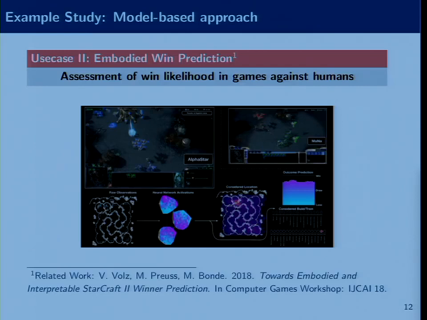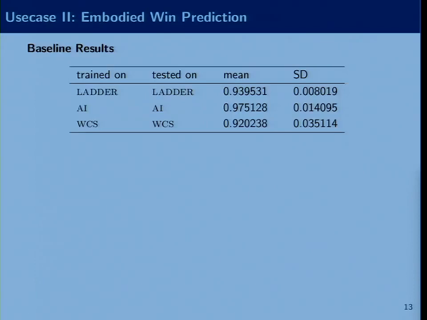This is actually used in DeepMind's bot too, so they have some component that tries to figure out how good the game state is based on how likely they think they're going to win. And so this is very useful. But what we actually want to do is train this win prediction on an AI, but then we play against a human player, and we still want this win prediction to hold. So this is the task.